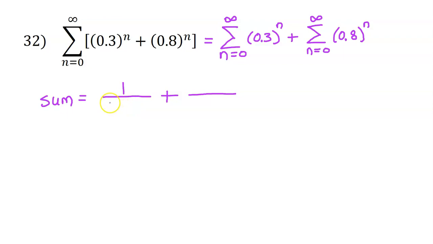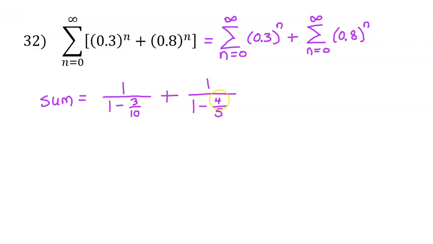In the denominator, we put 1 minus r. So 1 minus 0.3. But I'm going to write 0.3 as 3/10. For the second series, the first term is 0.8 to the 0 power, which is 1. And the denominator will be 1 minus r. So that's 1 minus 0.8. And I'm going to write that as 8 over 10.